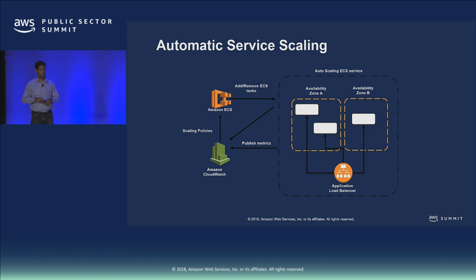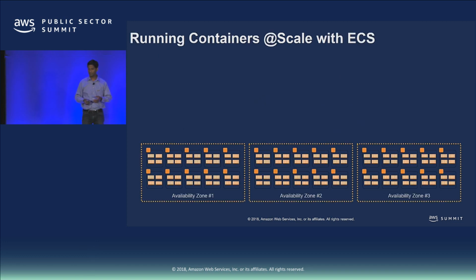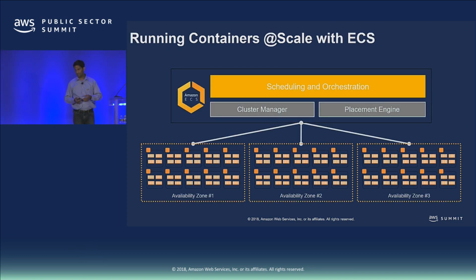So what happens in that case is the task nodes will assume a role and make a service call to DynamoDB or S3 or any other AWS services. So that way, you're not actually keying credentials into your application itself. A very good security model. So that's the main advantage.